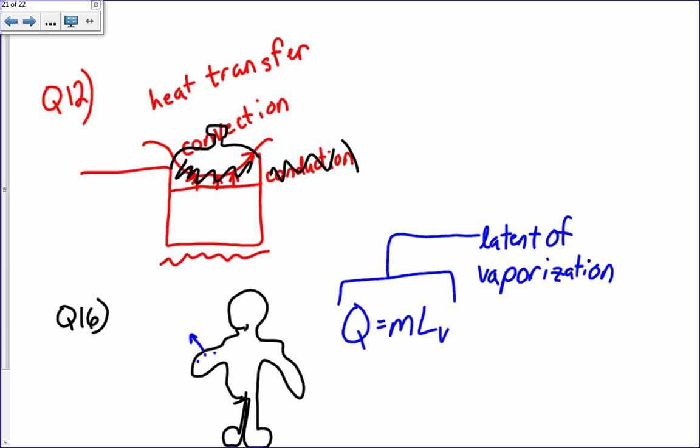Now, in a room with very low humidity, this evaporation occurs more readily. In a high humidity room, the evaporation doesn't occur readily because the air around you is already saturated with water. So you feel warmer in a high humidity room because the sweat doesn't evaporate from your body as readily.